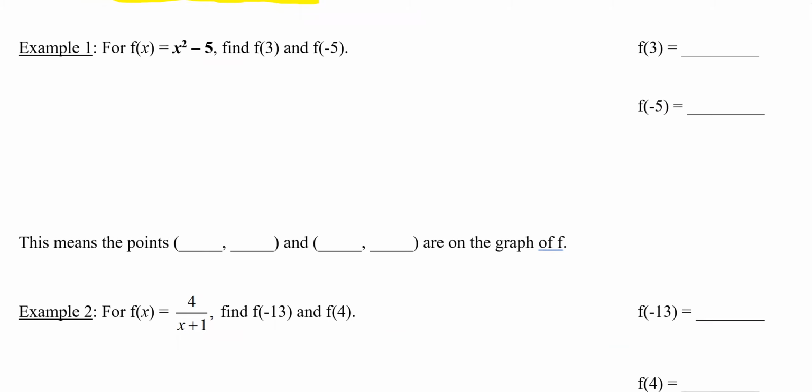So let's get started with some examples. Example number 1. For f of x is equal to x squared minus 5, find f of 3. So our input is 3.